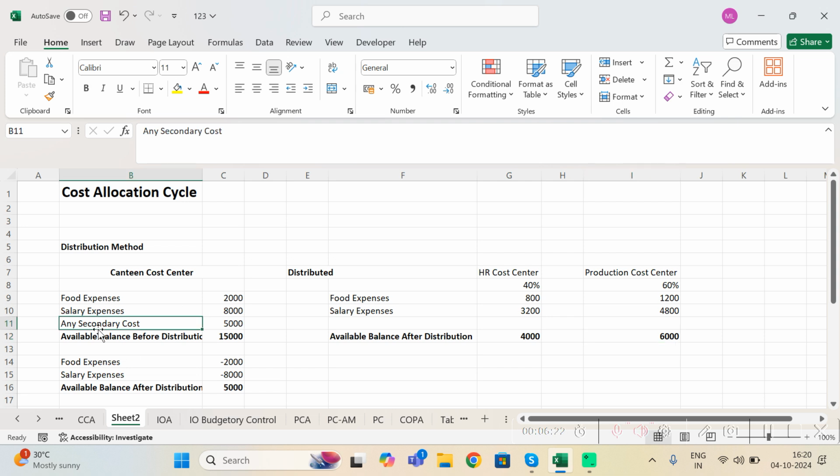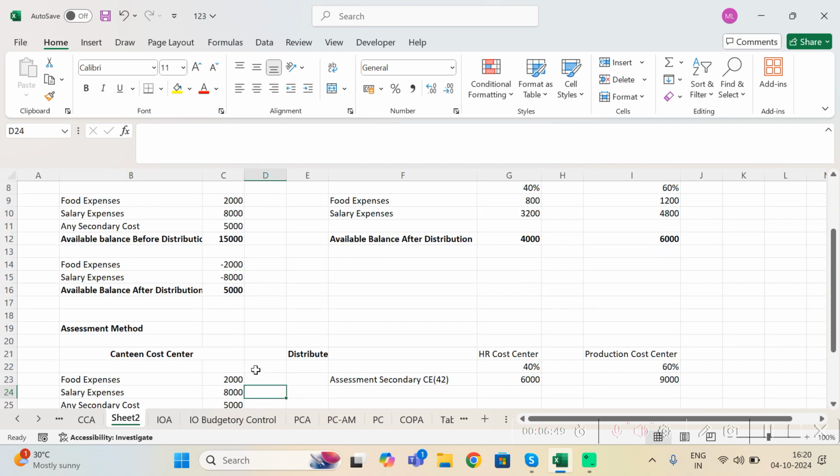One, any posting done by a secondary cost element, distribution cannot distribute for that line item. Another, in the sender, the same primary cost element will get credited and the primary cost element will get debited in the receiver cost center. So this is the feature of the distribution method.